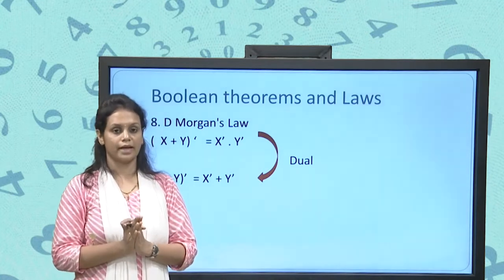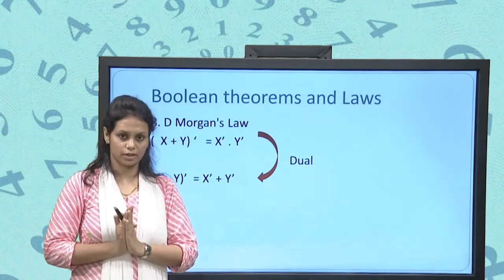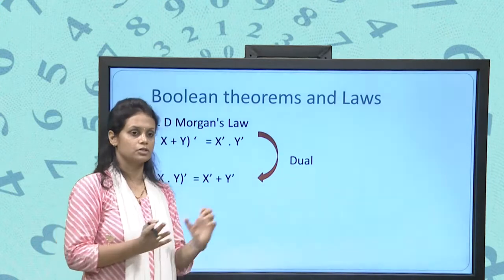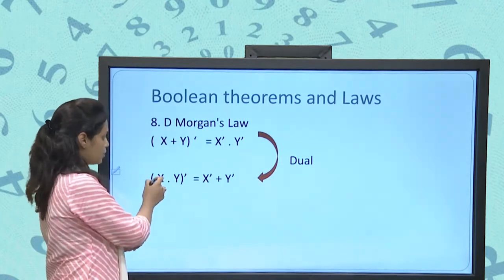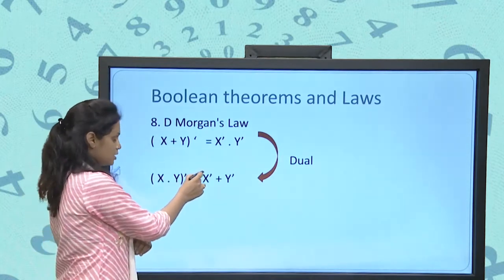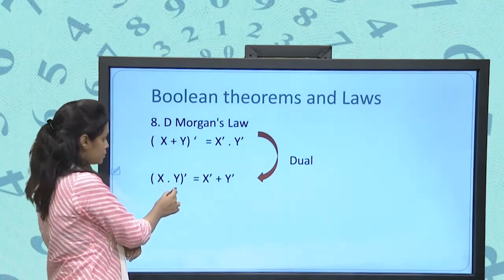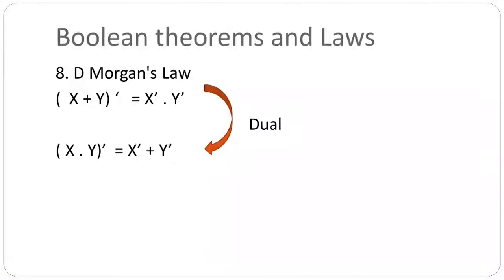Then the complement of intersection, that is union, and then the complement of B, that is B dash, right. So here, first we take the complement of x, that is x dash, then the complement of this dot, that is plus, and then the complement of y, that is y dash, okay.